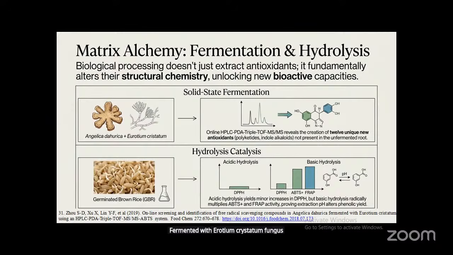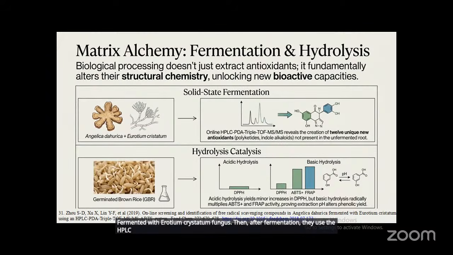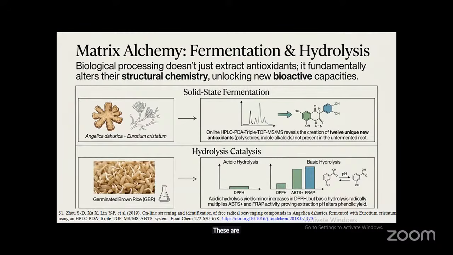After fermentation, they used HPLC-PDA and triple TOF MS/MS, which reveal the creation of 12 unique new antioxidants. These are polyketides and indole alkaloids, which are not present in the unfermented root. So the fermentation process also develops bioactive antioxidants from natural sources.